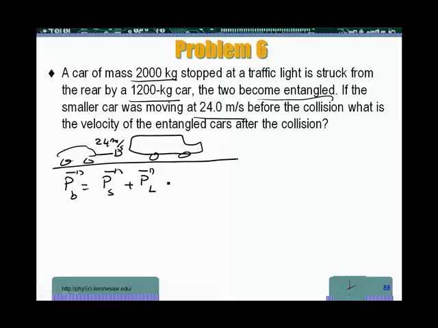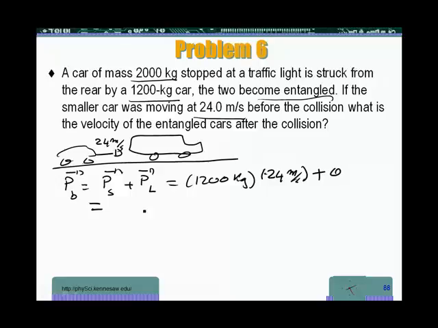My momentum before the collision is going to be momentum of small car plus momentum of large car. Okay, momentum of small car is going to be the mass of the small car times its velocity of 24 meters per second plus 0, which is the momentum of the large car since it's not moving.